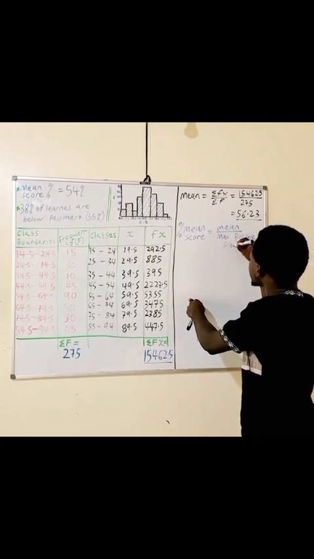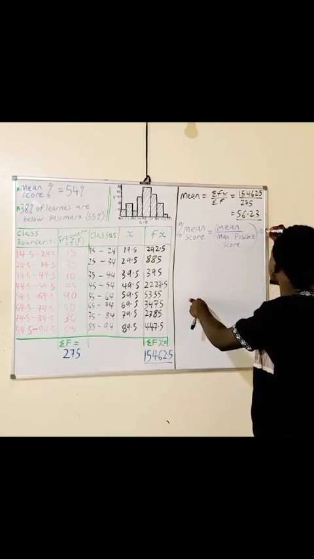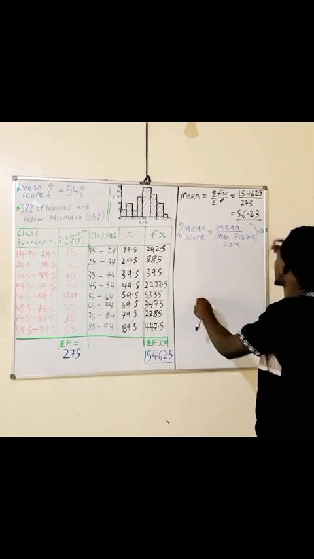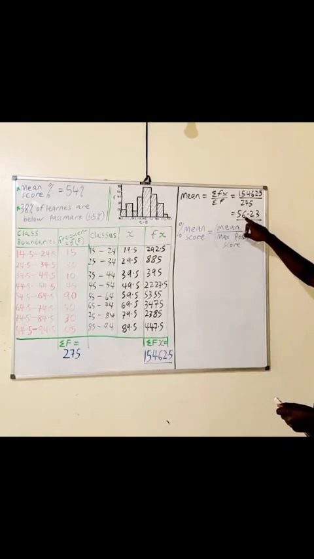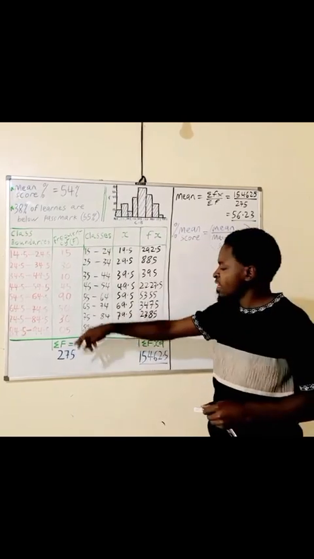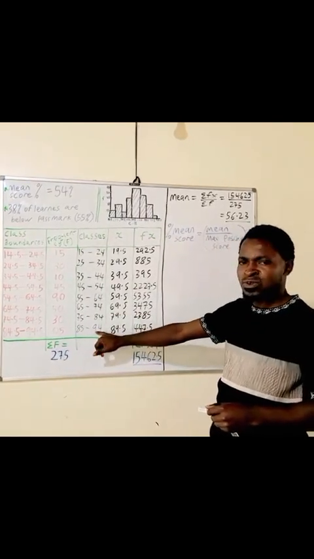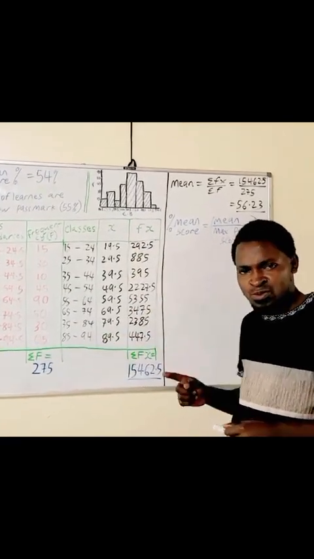Then all of this one times 100. I'm going to get the value of mean, which is this one, over the maximum possible score. Then according to our class, the maximum is 94. Then the maximum possible score is this 94 plus 1.